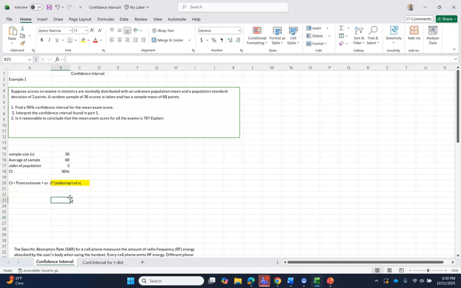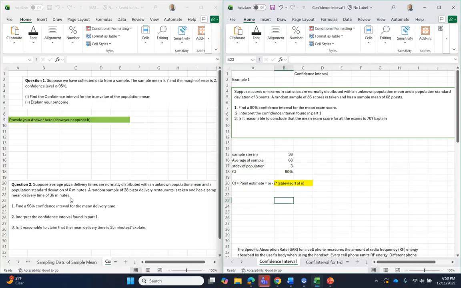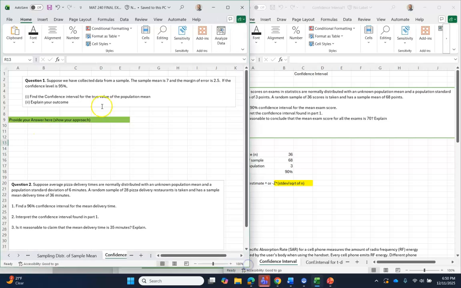Let's go back to your question. In this case, we have the sample mean, which is 7, and the margin of error, which is already calculated, and that's 2.5. And the confidence level is 95.